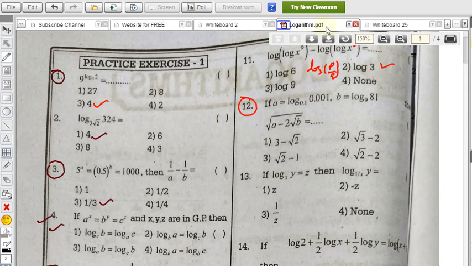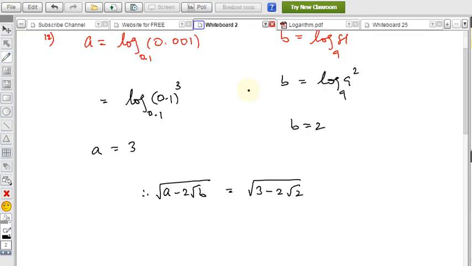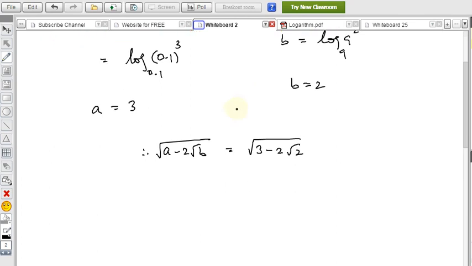We still need to simplify more. 3 minus 2 root 2 under the square root. 3 minus 2 root 2 is root 2 minus 1 whole square. Because according to the options you can see which one will come. Root 2 minus 1 whole square is 3 minus 2 root 2. Square and root get cancelled. Root 2 minus 1.